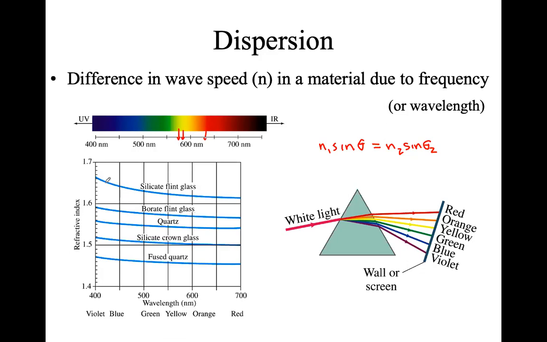You can see that although not significantly different, red light in a piece of glass might have an index of refraction of about 1.62, whereas blue light over here has an index of refraction maybe 1.64, just two slightly different values for the index of refraction.